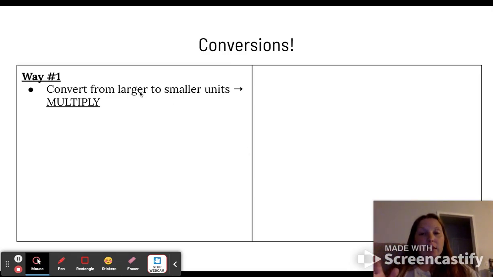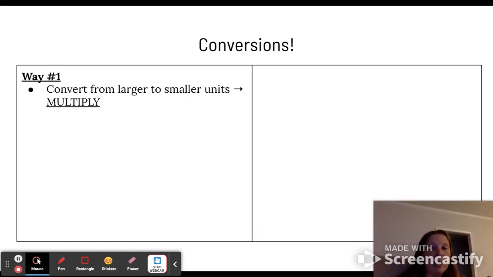The reason we multiply is that a larger unit contains a lot more smaller units, so we should have a larger numerical value for a smaller unit. They should be opposite: small unit means large numerical value. But these values are equivalent.